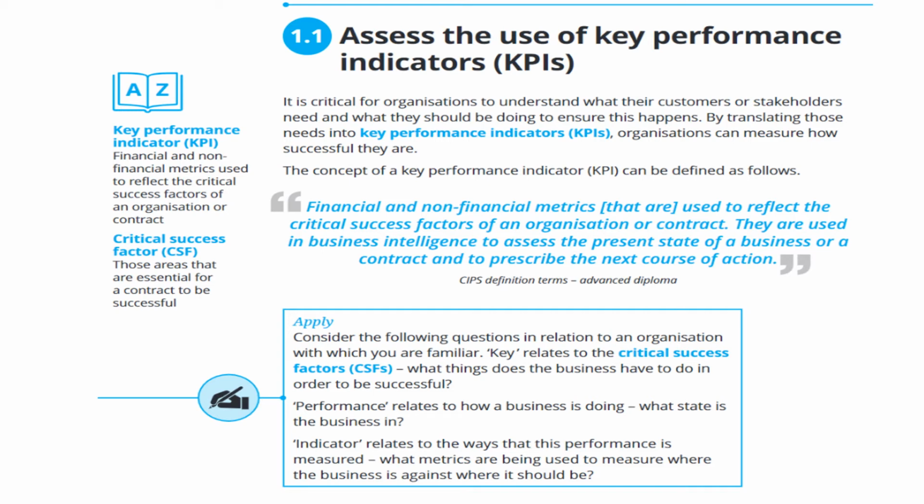The concept of a key performance indicator can be defined as follows: financial and non-financial metrics that are used to reflect the critical success factors of an organization or contract. They are used in business intelligence to assess the present state of a business or a contract and to prescribe the next course of action.